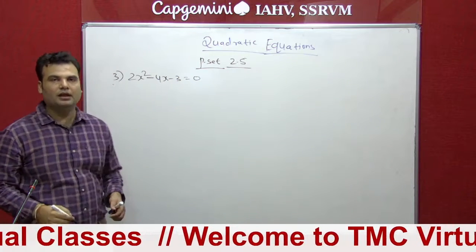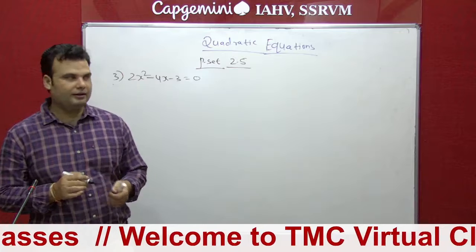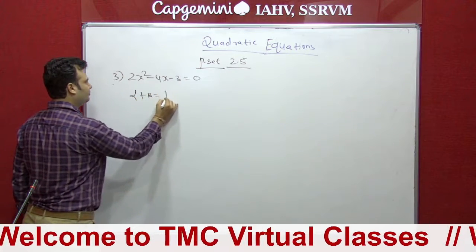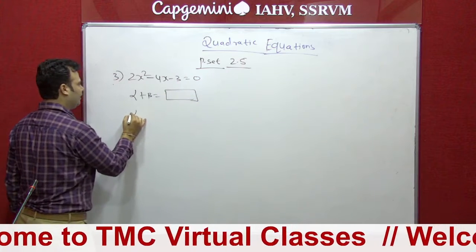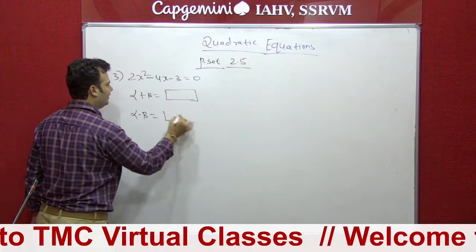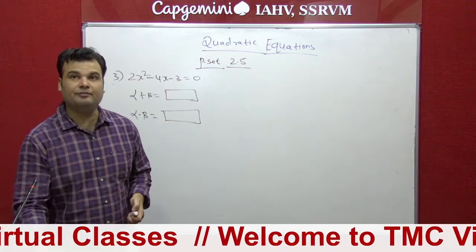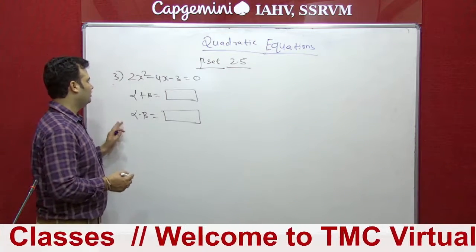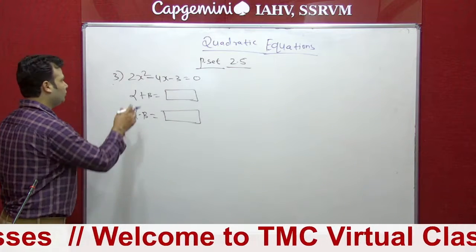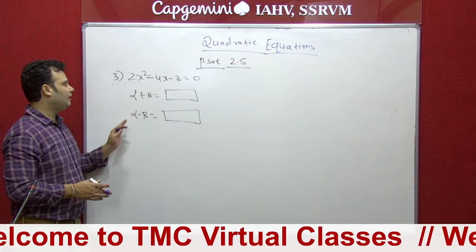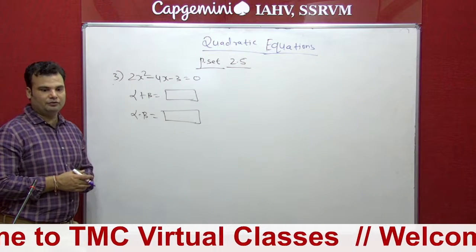We have to find alpha plus beta and alpha into beta. This is again an activity based question. Student, we can solve this sum in a simple way. The quadratic equation is given, and we have to find alpha plus beta and alpha into beta.